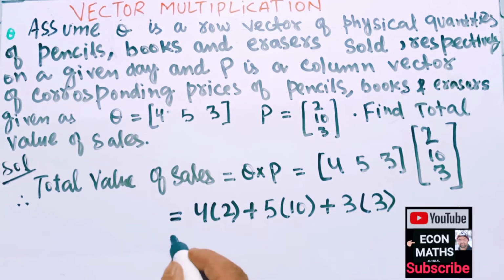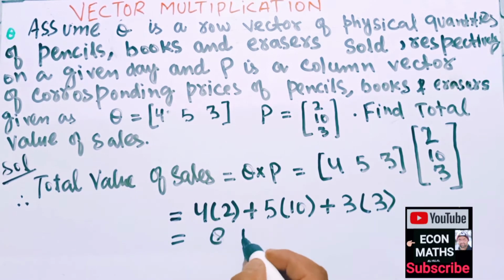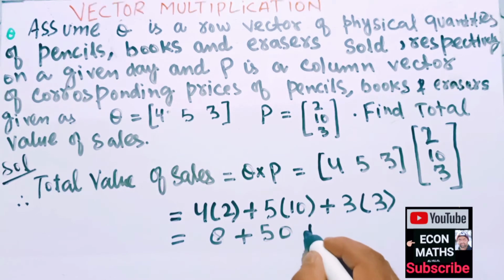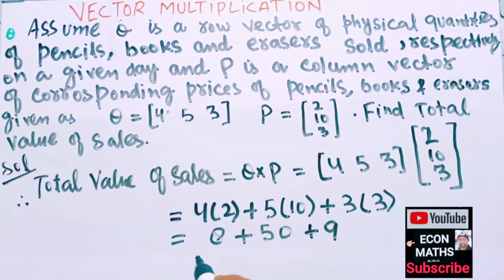Now this becomes 4 2s are 8, plus 50, plus 9. Now 50 plus 9 is 59, 59 plus 8 is 67. Therefore total value of sales is 67. So this was an example on the row column multiplication.